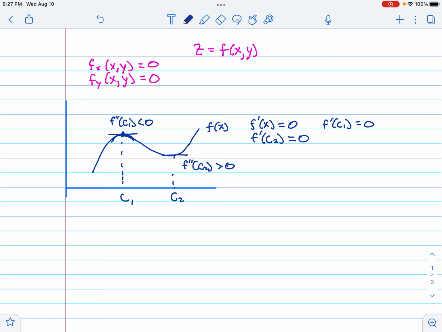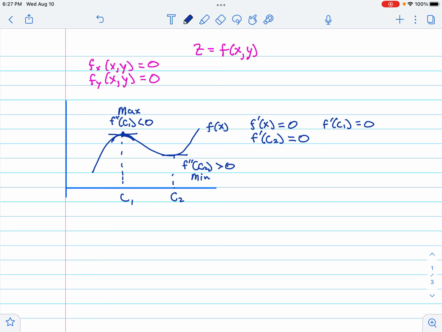Now notice this corresponds to a max. This corresponds to a min. Now this is a little bit counterintuitive because you might think, well, I think of something bigger than 0 as going to be the max, and something less than 0 as the min. But no, you got to think it through, and then it makes sense.